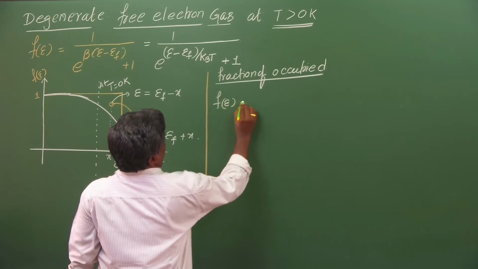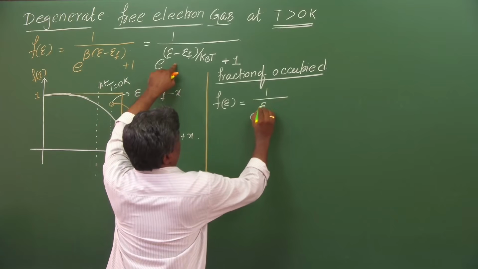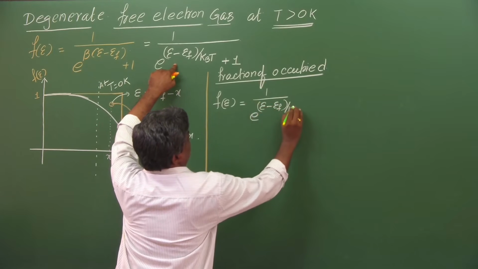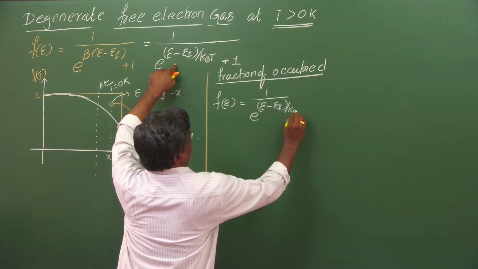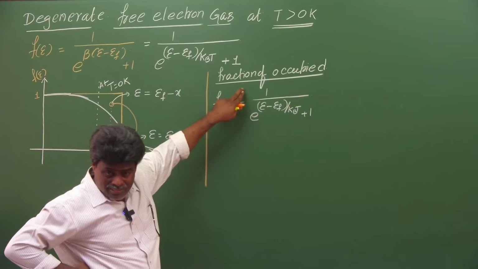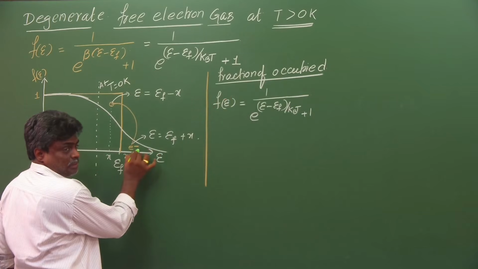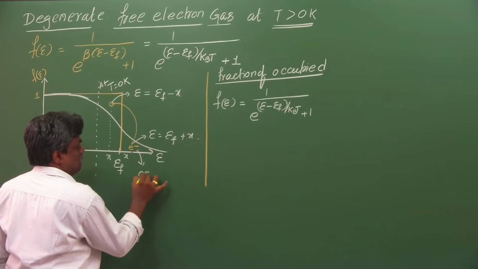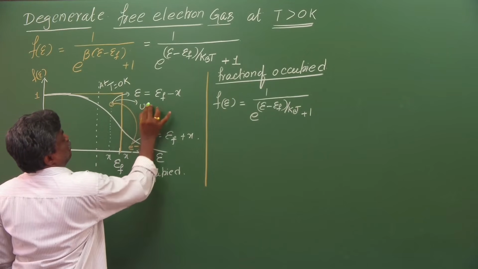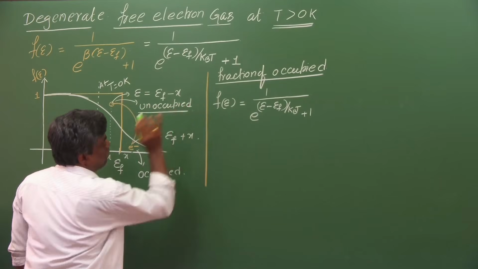I can take f of E, that is 1 by e raised to (E minus EF) by KBT, plus 1. This is the fraction of occupied, and this is unoccupied.